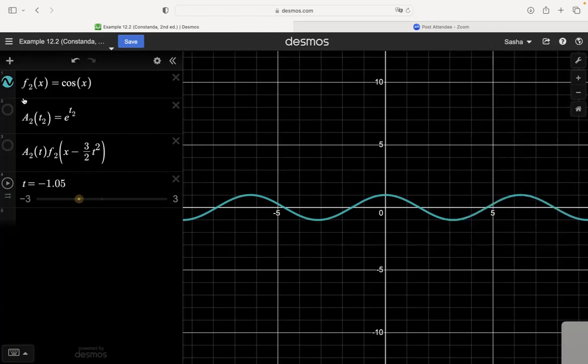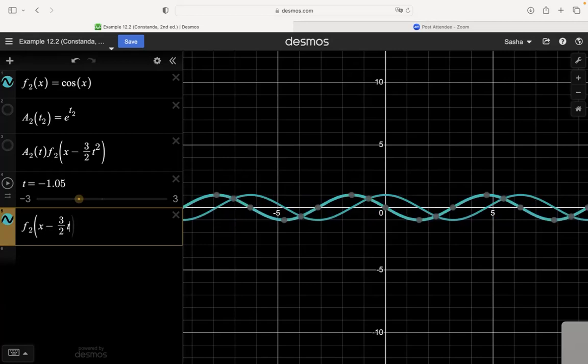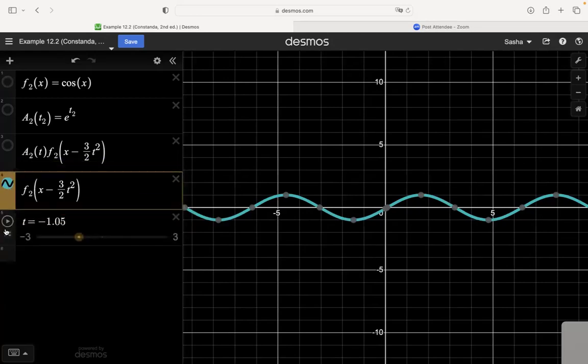Now, if we want to, we can graph the solution. And that was that function cosine of x evaluated at x minus 3 over 2 times t squared. And we can see how that changes as t increases.